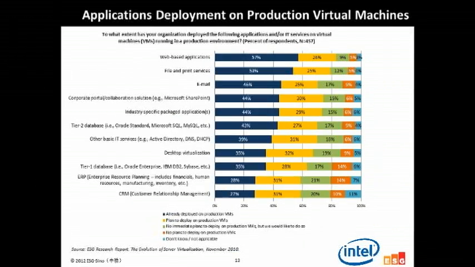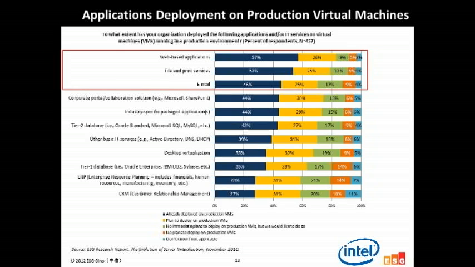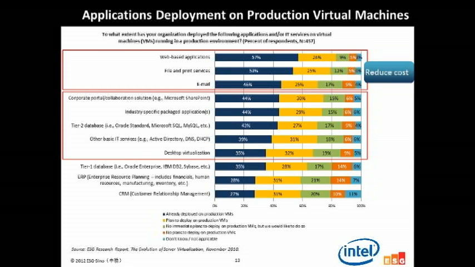Server virtualization for business management applications such as web-based applications, file printing, email, as well as testing and development can reduce cost. Server virtualization for Tier 2 applications and Tier 2 databases can further improve business agility.